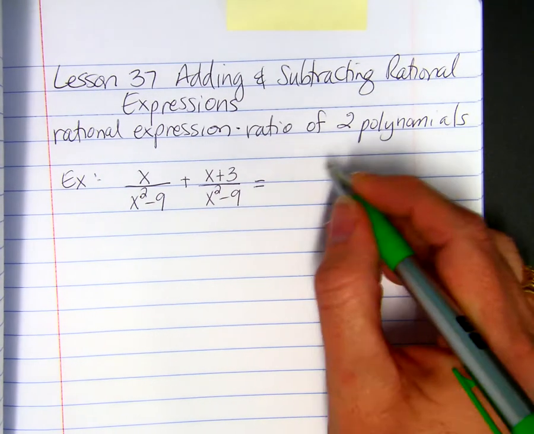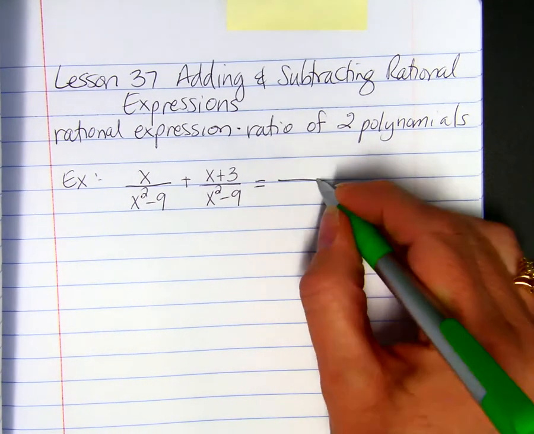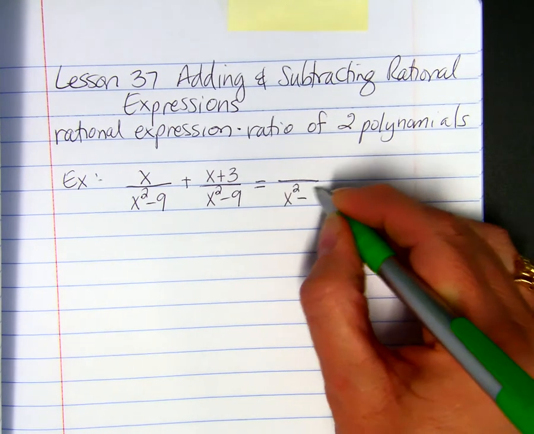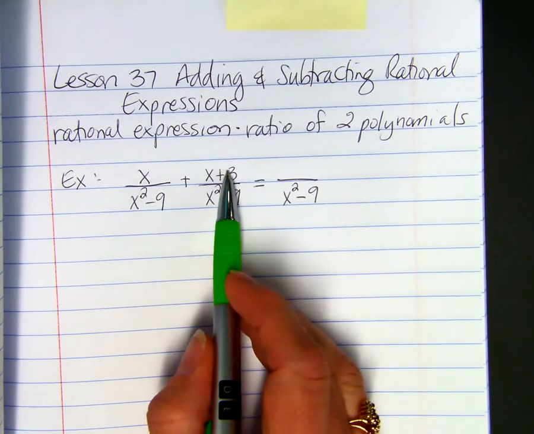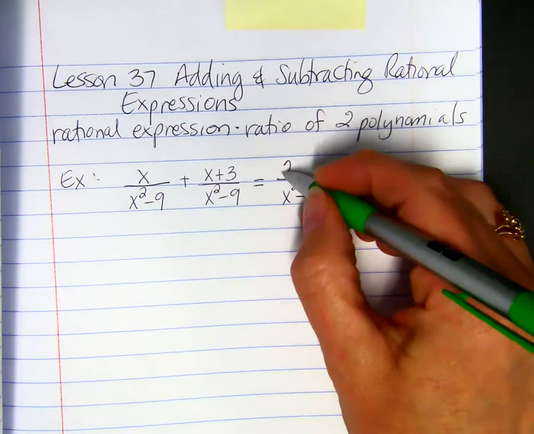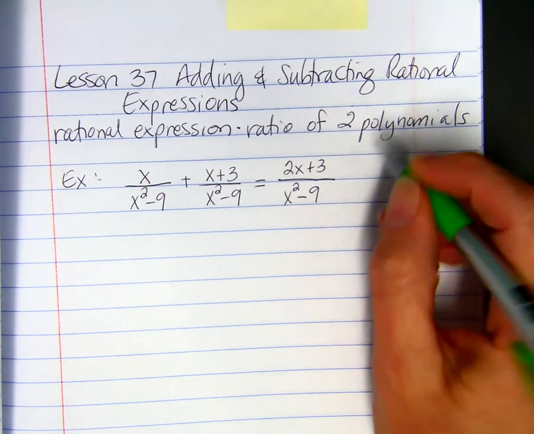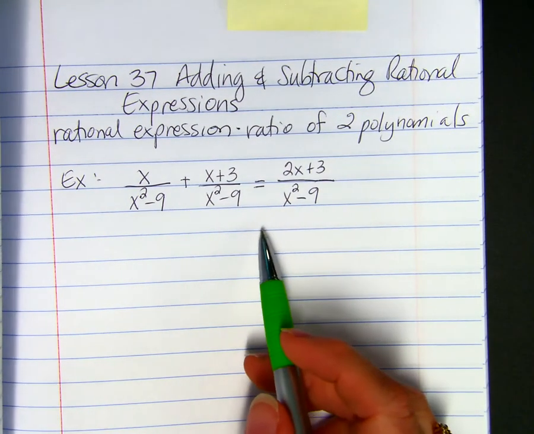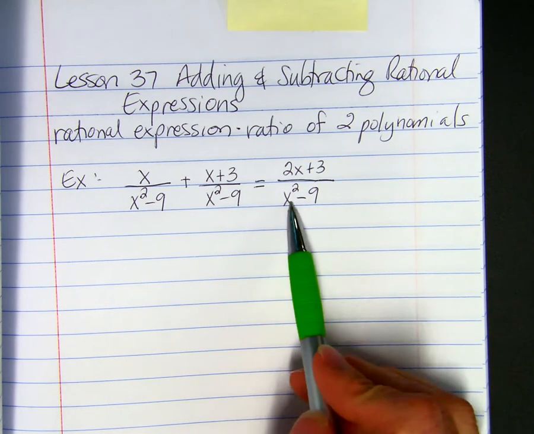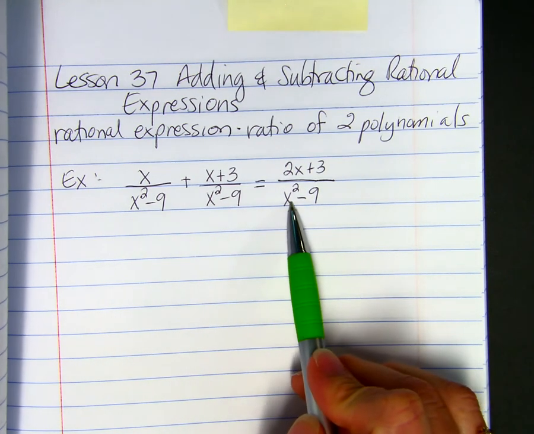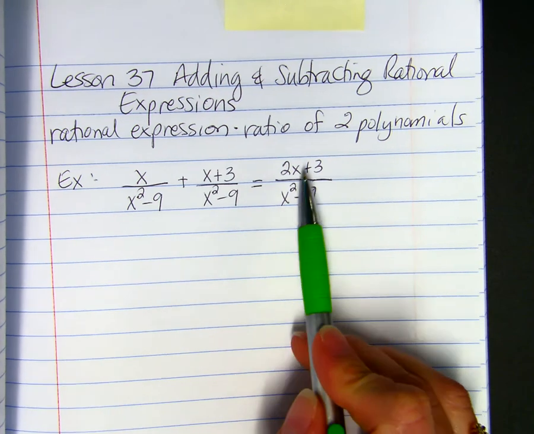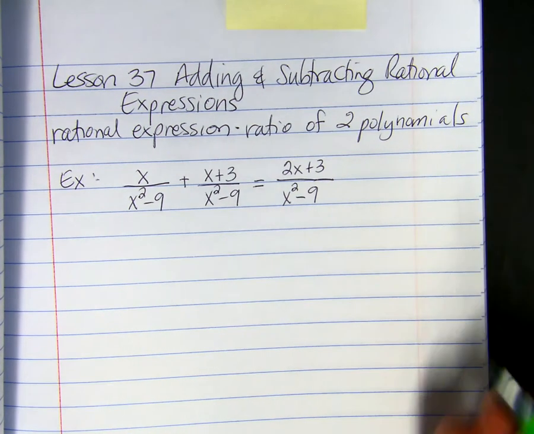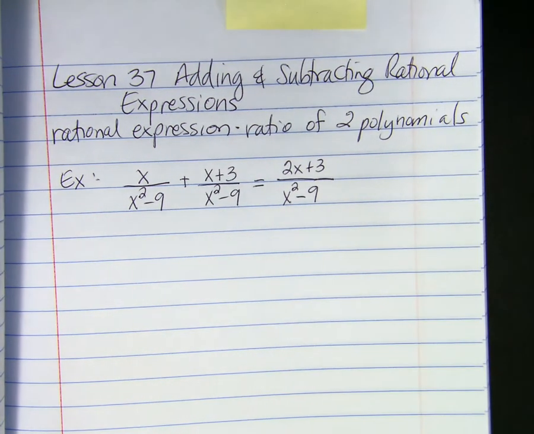Just like in regular fractions, you keep the denominator the same. And then you add the numerators, so this would be 2x plus 3 over x squared minus 9. And then I mentally think about, well, if I factored this, I'd have x minus 3, x plus 3, but that's not the same, so I'm not going to be able to cancel, so I would just leave it like that.